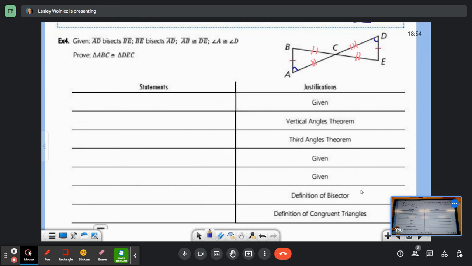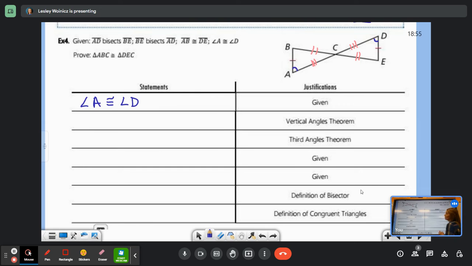Okay, so let's get started. We're gonna start with angle A being congruent to angle D. Let's do that one. We know that angle A is congruent to angle D. And how do we know that? It was given to us.